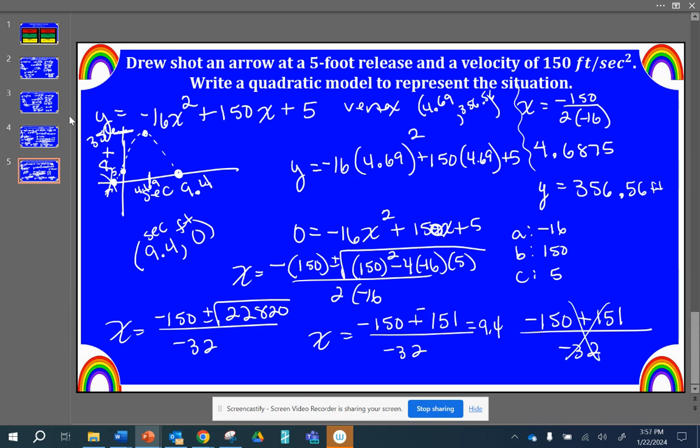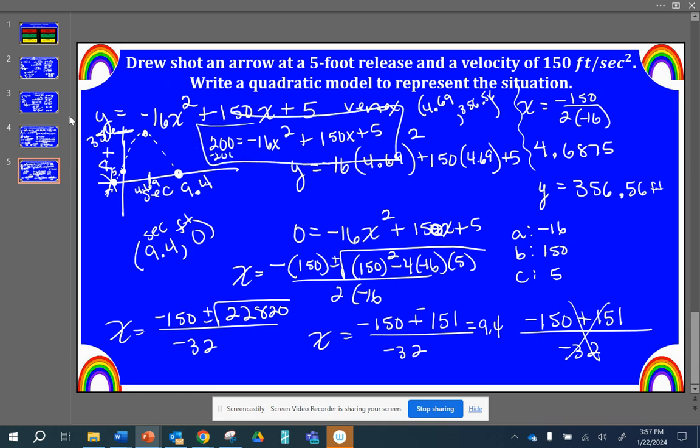So this is how you find all the key features of quadratics in context. Again, if they asked how many seconds the arrow would be at, let's say 200, we would plug 200 in for y, and we'd have to use the quadratic formula, which means we have to set this equal to 0.